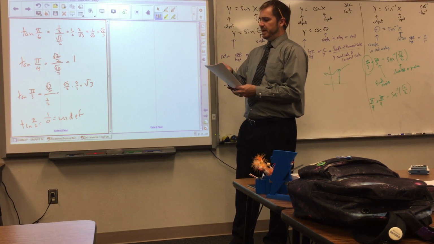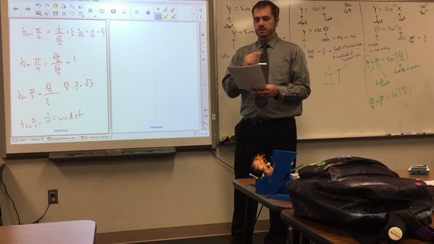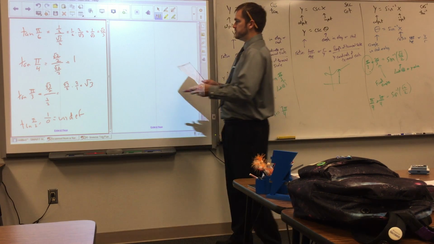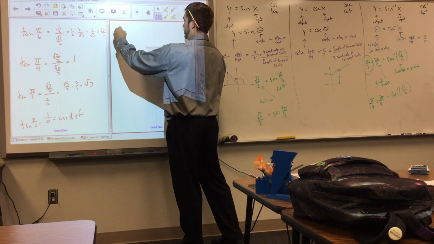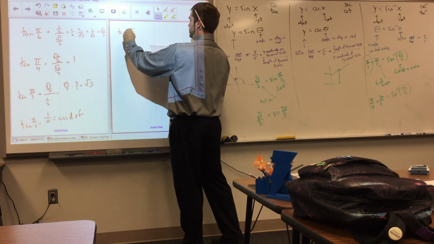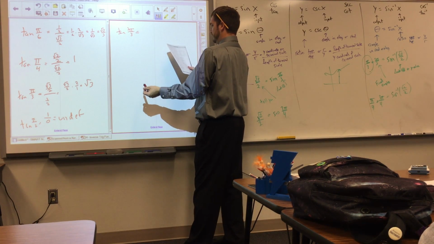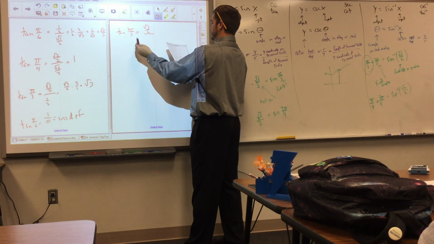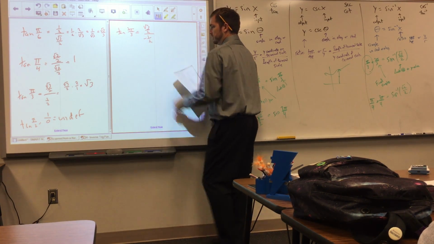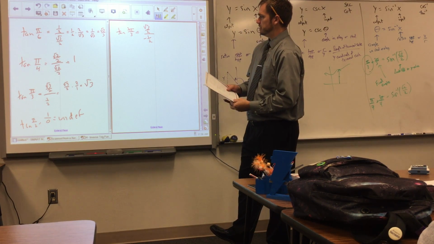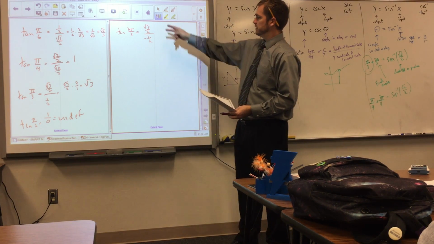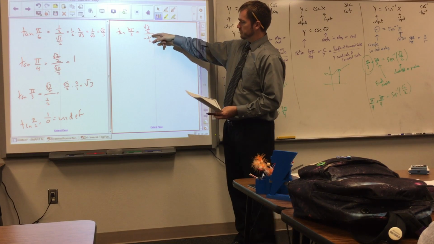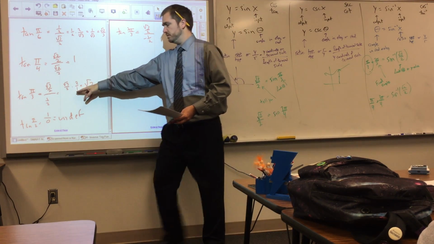I think we noticed the pattern, which is why you didn't have it written down in the other quadrants. Let's check it real quick. Tangent of 2 pi over 3 is the y value, so root 3 over 2 divided by negative 1/2. Which one of those does that look like? Root 3 over 2, yeah, looks like this one right down here.